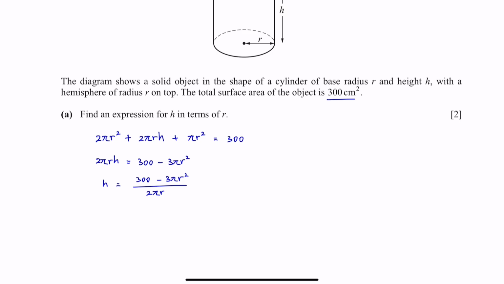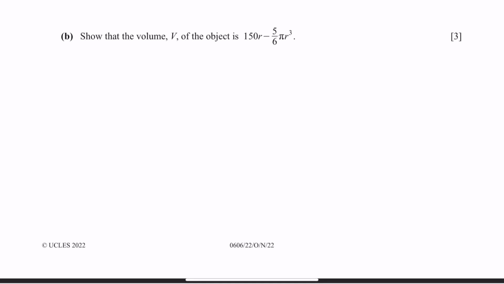And this would be the expression for h in terms of r. For part B, show that the volume V of the object is 150r minus 5 over 6 pi r cubed. So if you look closely, there is no h term over here, right?